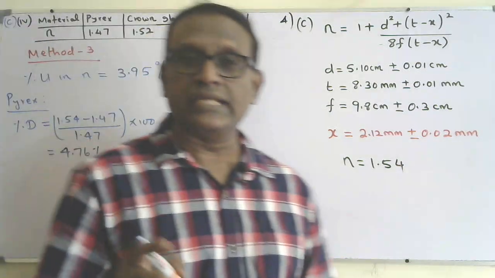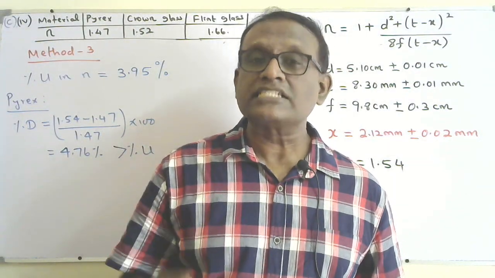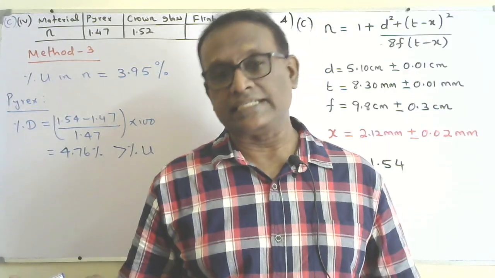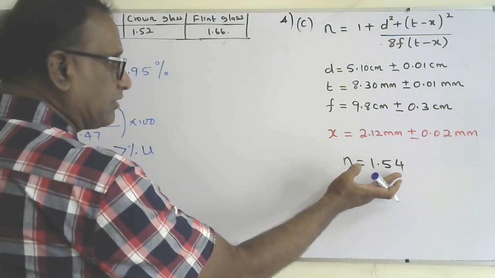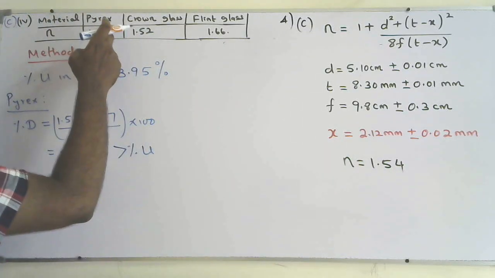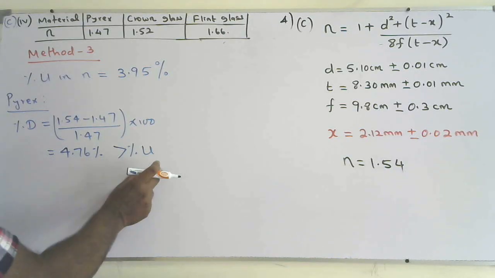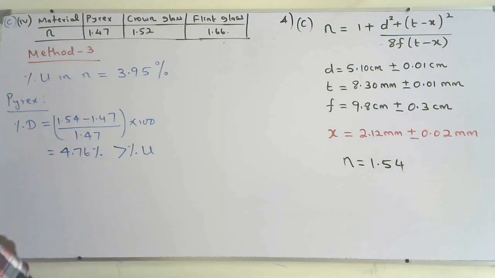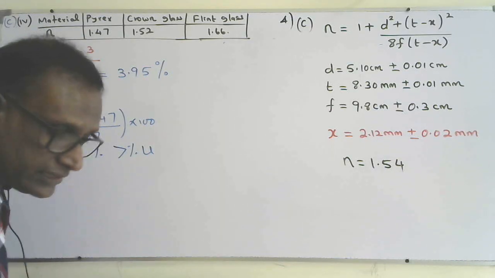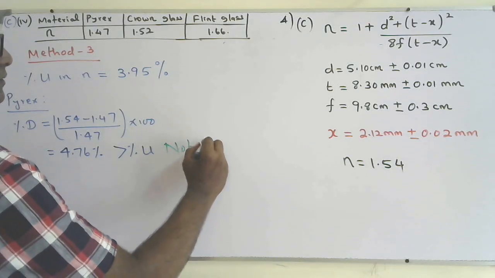In my lesson, I told that if you want to accept a value, the percentage difference must be smaller than the percentage uncertainty. So here, the percentage difference between my experimental value and the refractive index of Pyrex is 4.76, which is greater than the percentage uncertainty, 3.95. Therefore, it is not Pyrex.